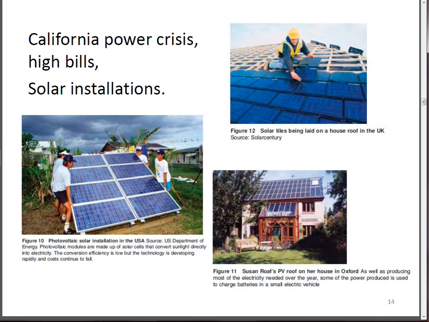Another example here at the bottom right, figure 11. You will find it in the book as well. Here is Susan's house in Oxford, producing electricity, but also having a surplus of electricity, so she can power a small electric vehicle from the electricity coming from the solar panels.